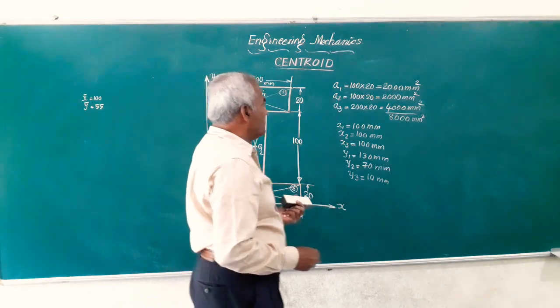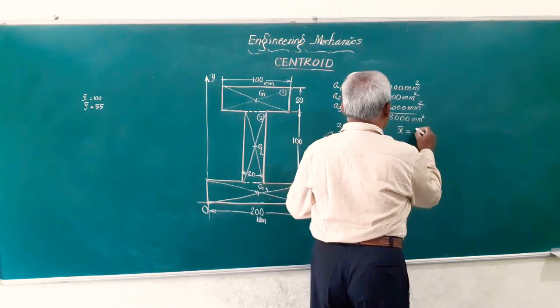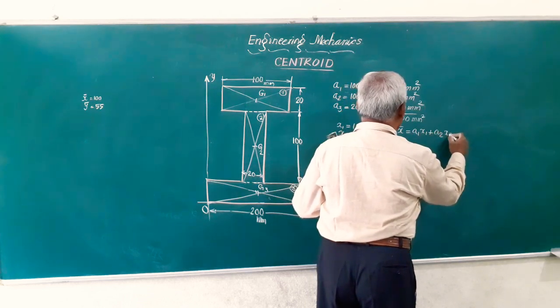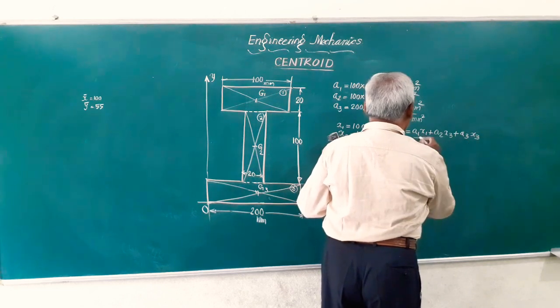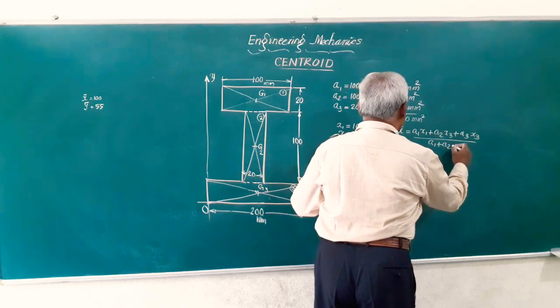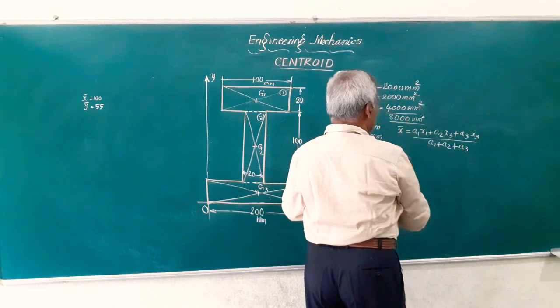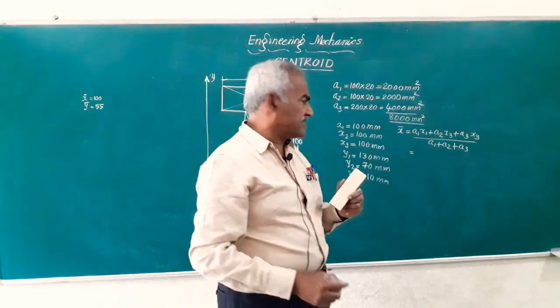So, friends, we have the formula for the x bar, that is a1 x1 plus a2 x2 plus a3 x3 divided by a1 plus a2 plus a3, which you have shown as 8000. So, friends, let us make this substitution and get the value of x bar.